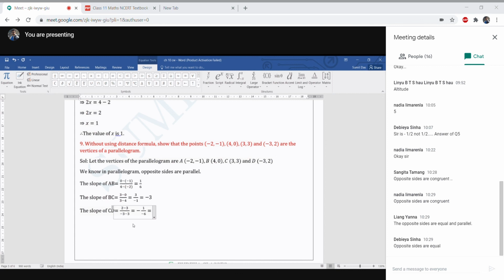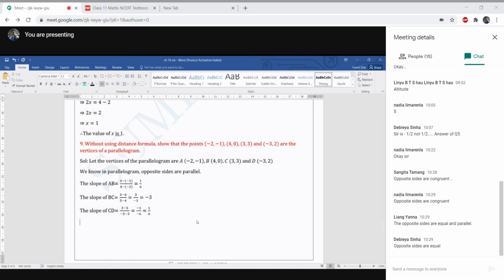If you simplify this, it will be 1 by 6. Then the slope of DA, or AD, you can say.